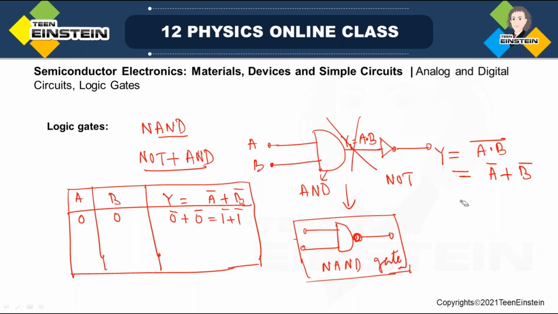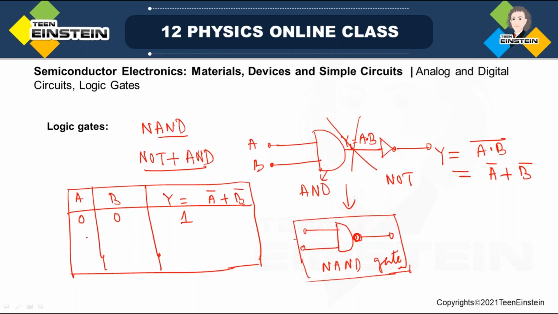Okay, so I'm not writing this again. I'll just write the final result. So you have 0 bar 0 bar, that means 1 plus 1, that means you have 1.